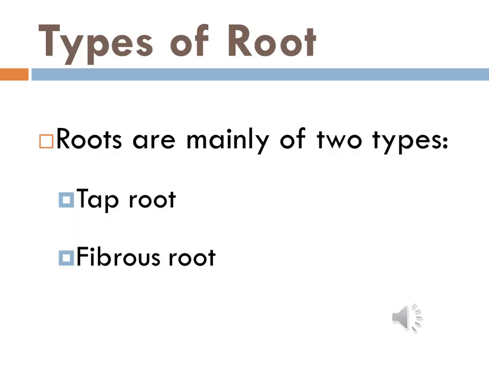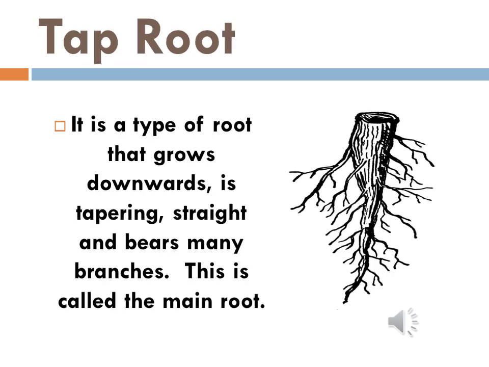Let's talk about types of roots. So children, roots are mainly of two types: tap root and fibrous roots. Tap root is a type of root that grows vertically downwards and is tapering.